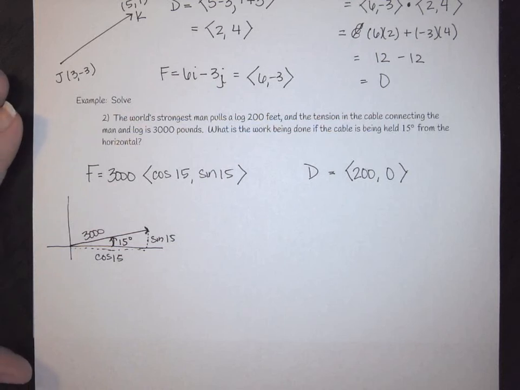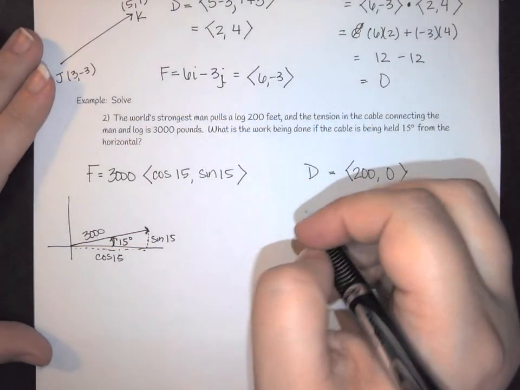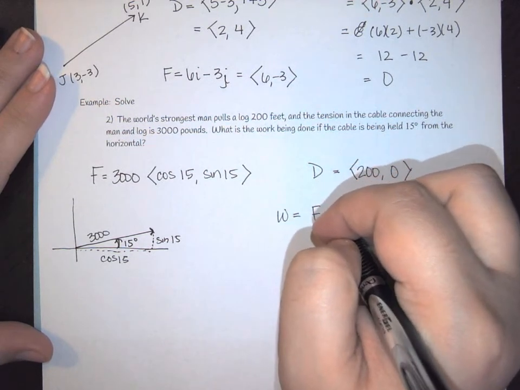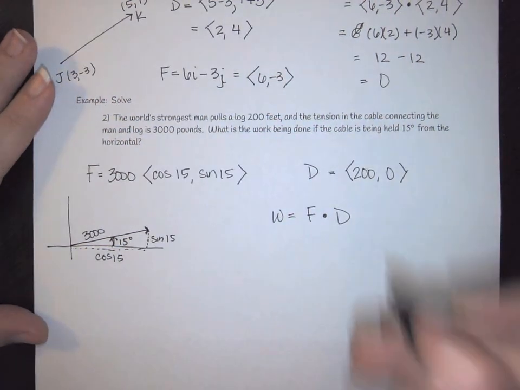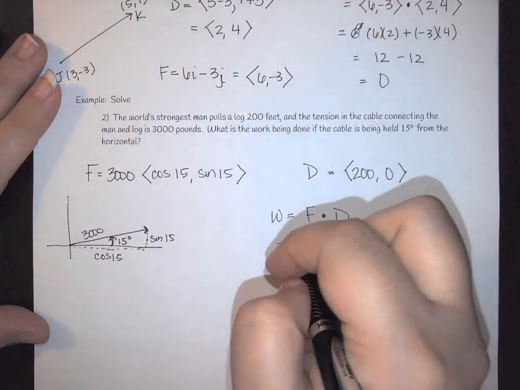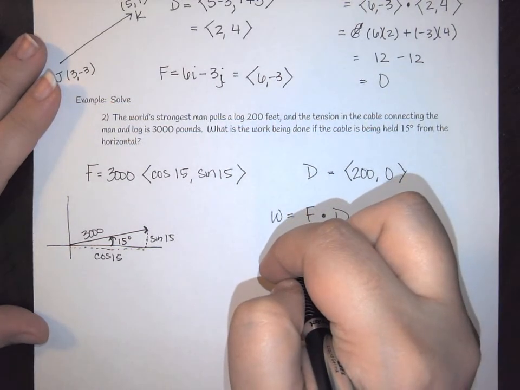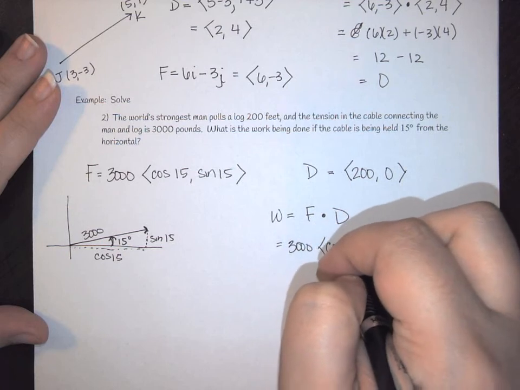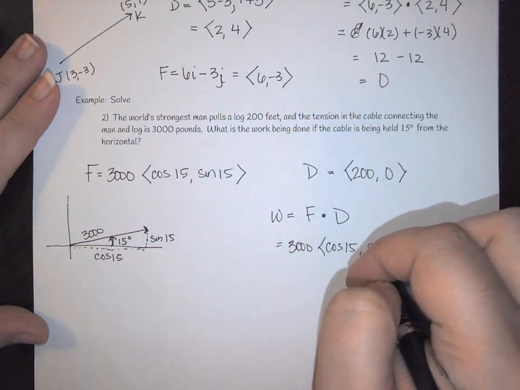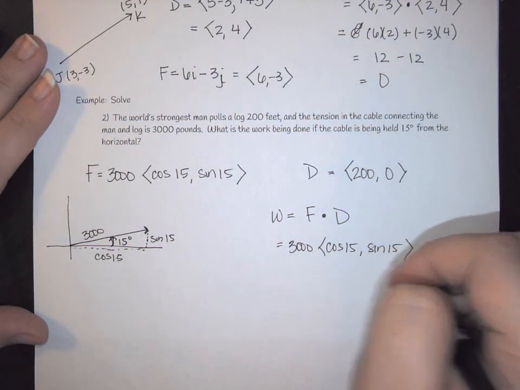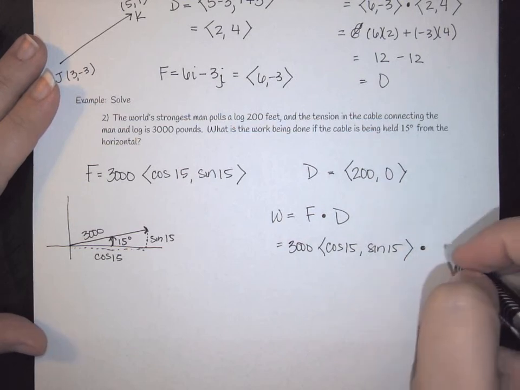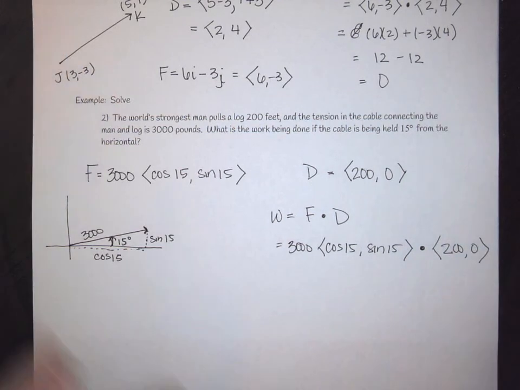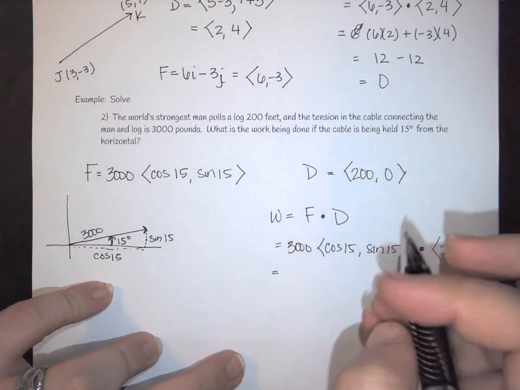So the first thing that we have to look at is my work, which again is the force dot product with your motion. So this is going to be my force, 3,000 with cosine of 15, sine of 15, and we're going to dot product that with 200, 0.